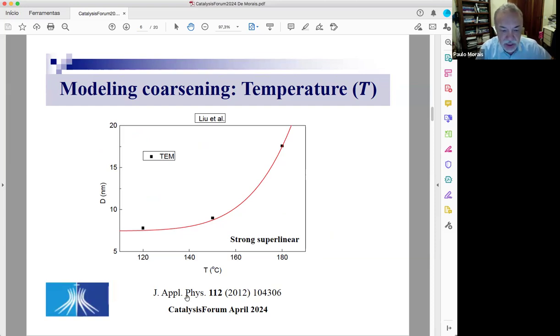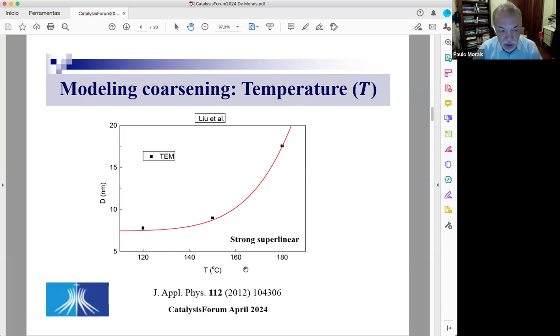You can see in this paper from 2012 that the size of nanoparticles goes strongly superlinear as a function of temperature. This is the coarsening temperature. So we have a superlinear behavior in this particular case.